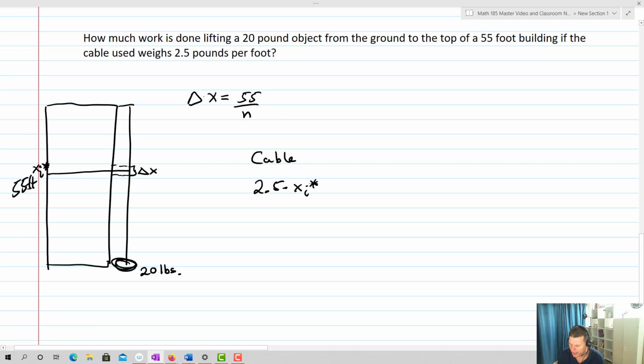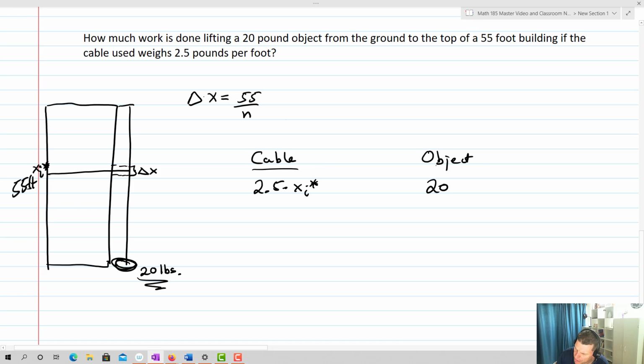That's how far away it is from the top. So that's its force. Then the force of the object, the weight that's at the bottom, is simply 20, because it's constant. And remember what we said at the beginning, pounds are another way of expressing force when we're using standard metrics.